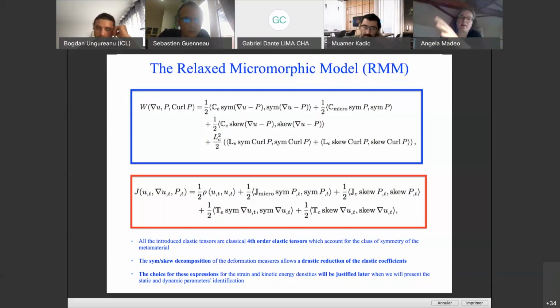And if we sum the components of these tensors with respect to a full micromorphic model, we end up with a lot fewer parameters than in the classical case.